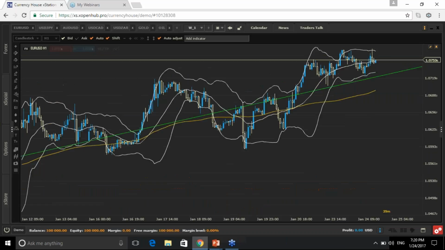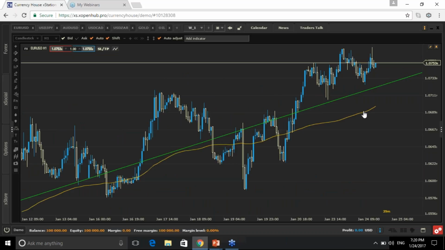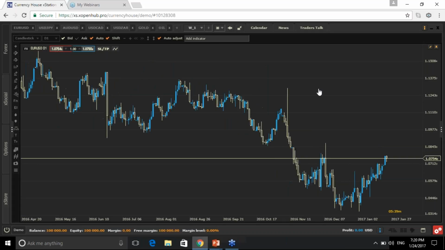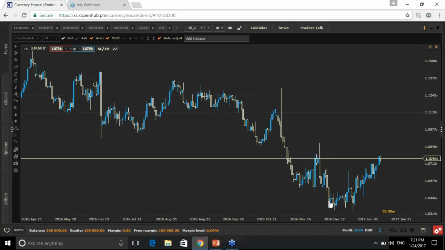So let's try to make another thing. Let me delete all of the indicators that we made, and let's switch to a daily chart. Alright, we see the downtrend here and some kind of consolidation over here at the end of December, at the beginning of this year, and we definitely see an uptrend after that.